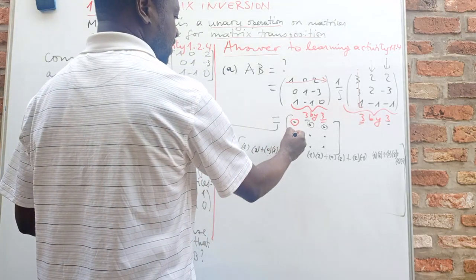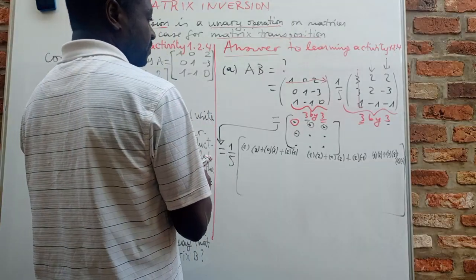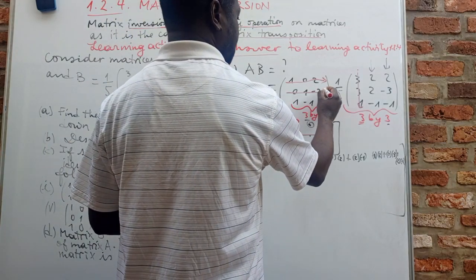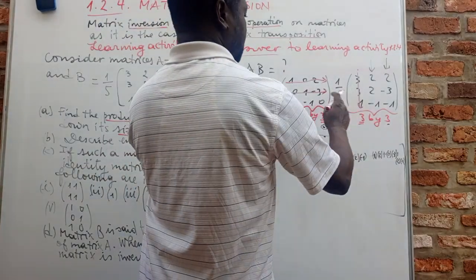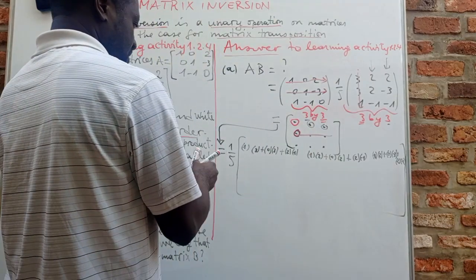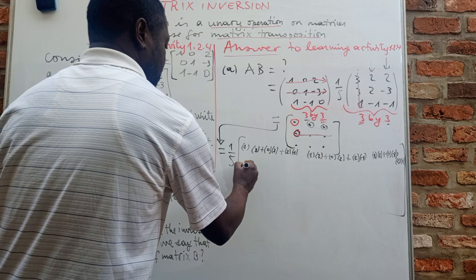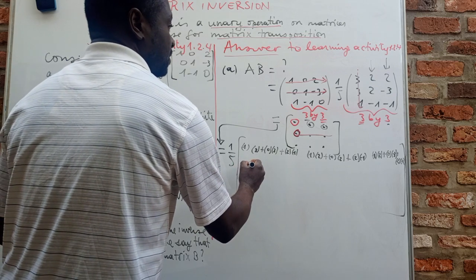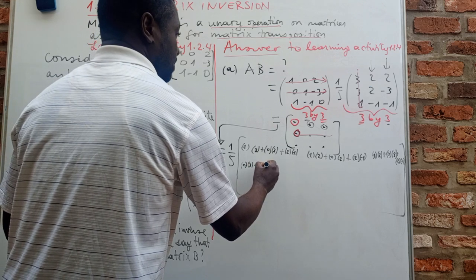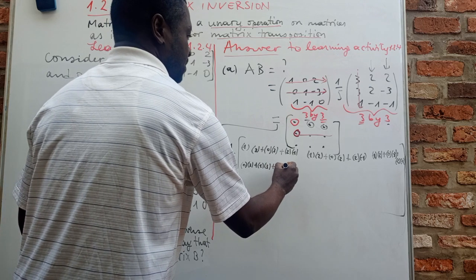Okay, now let us work out the second row. To find this element, I'm going to make a scalar multiplication of this row with the first column. So I'm going to have 0 times 3 plus 1 times 3 plus negative 3 times 1.